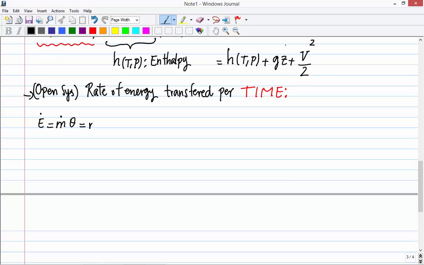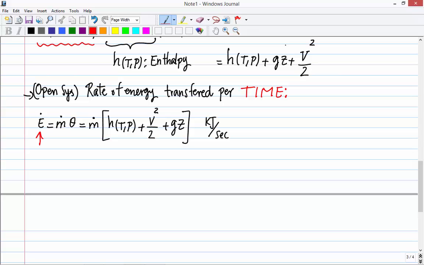So M dot times h, again as a function of temperature and pressure, so we need to go to the tables to find proper values for enthalpy, plus gz, right? And the unit is what? It's kilojoule per second. It's power, right?